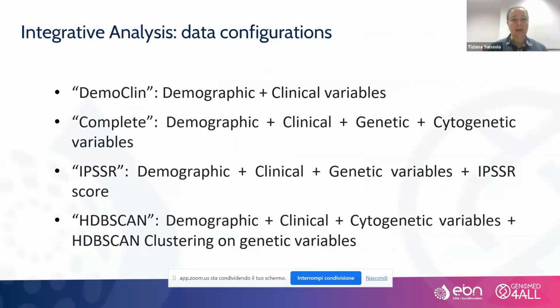So we start by integrating demographic and clinical variables, then adding the genetic information, and then we try to substitute the genetic information with a more compact representation through scores or clustering approaches that are able to compress the data.